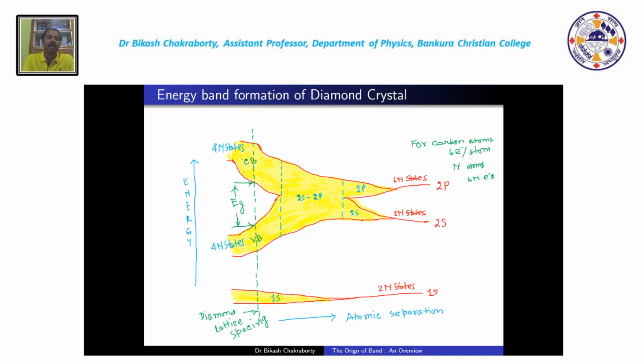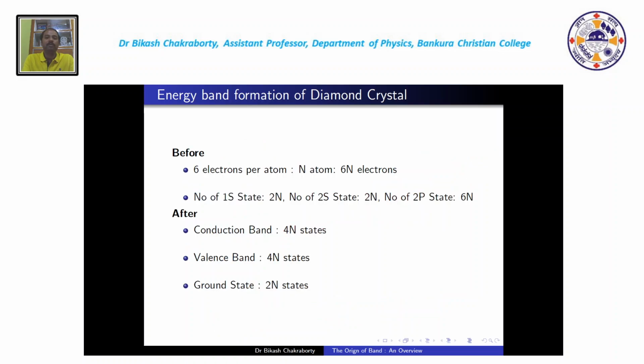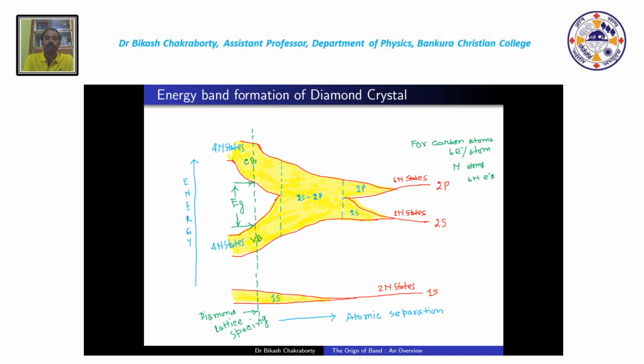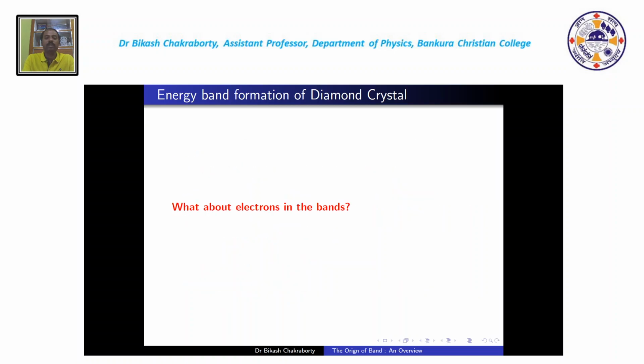Now, the question is, before the formation of bands, as I have discussed just now, the 1s states were 2n, the 2s states were 2n in number, and the 2p states are 6n in number. And now the conduction band shares equally 4n with the valence band 4n, but the ground state remained again 2n states. Now the question is, what about electrons in the bands?